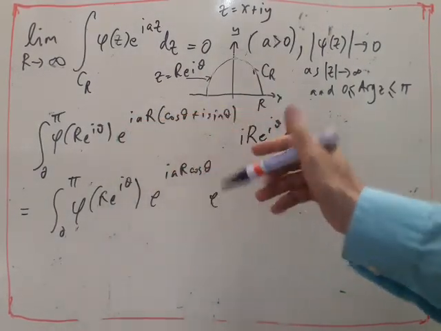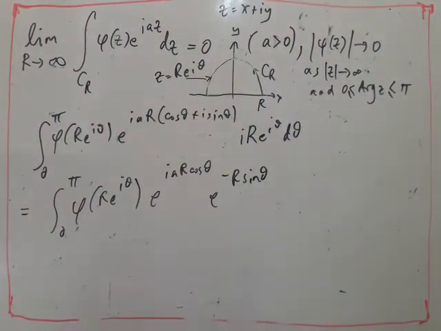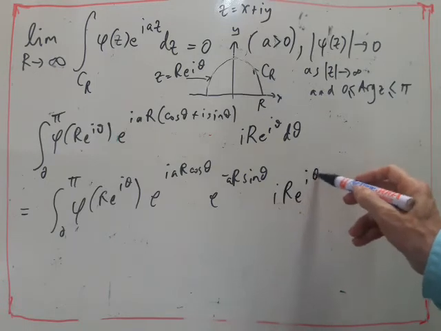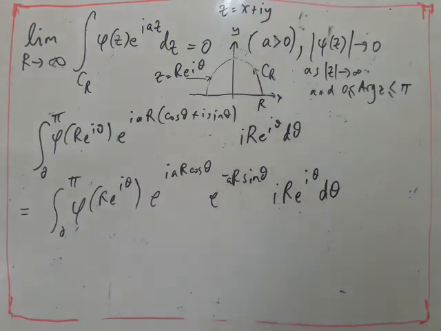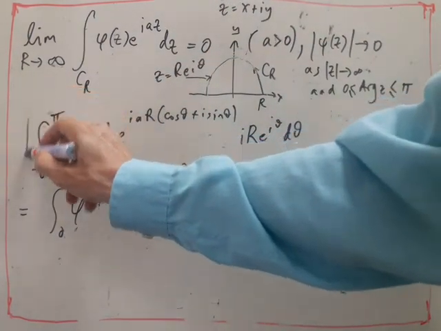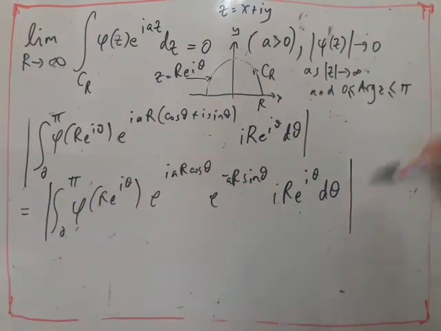So I've got i times i, so that's minus r sin θ there. Now I'm just interested in the modulus of this.